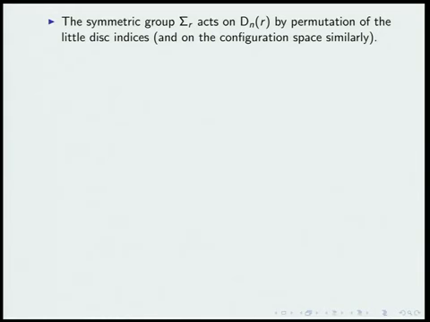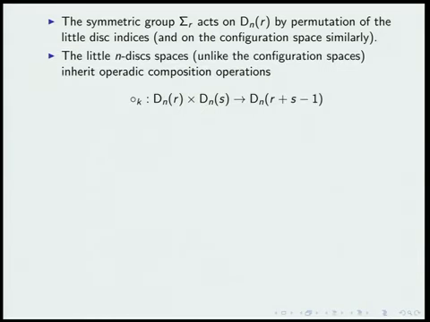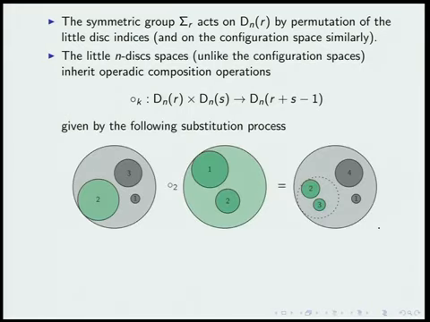Okay, but you have more. You also have, in the little disk spaces, a kind of composition which defines an operad structure on these spaces. These maps are defined by an obvious substitution process. I've represented an example here. I'm taking the composite of this configuration at the second position on this one. This just means that I insert this little disk configuration into the little disk marked by 2 in this configuration, and I get this picture.